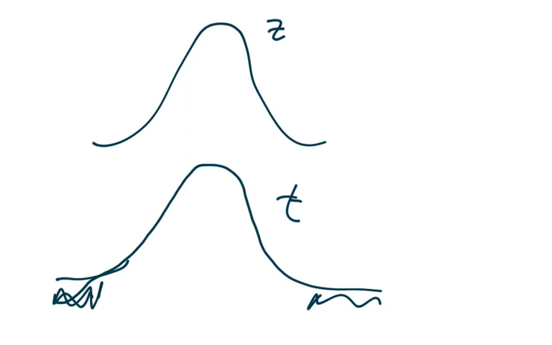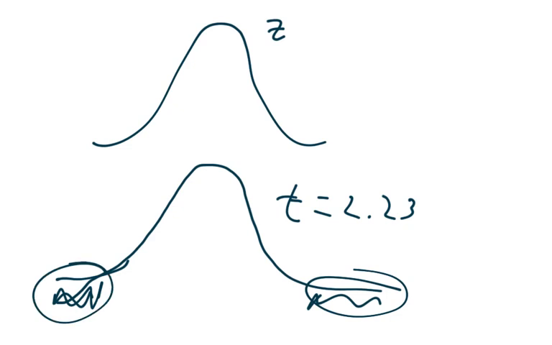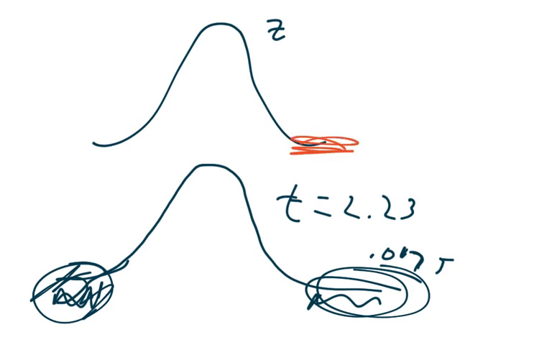So if we got a T of 2.23, that means out here and right here, or in our case actually right here, remember it was a single-sided test, that was our 0.0175 p-value, right? Well, with a Z, we have less area here. So a 2.23 would give us a smaller amount because inherently in a Z, it's smaller in the tails, okay?